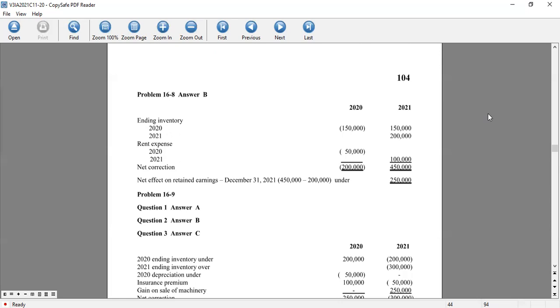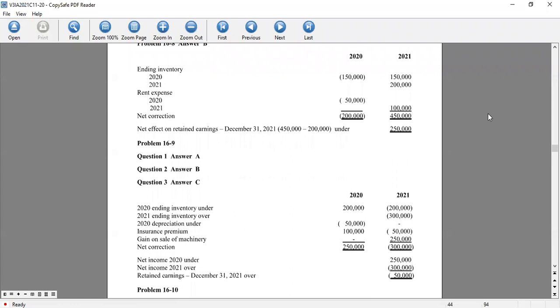There are three requirements. One, what amount should be reported as the net effect of the errors on 2020 net income? Now in number one, the answer is letter A, that's 250,000 understated for the net correction.